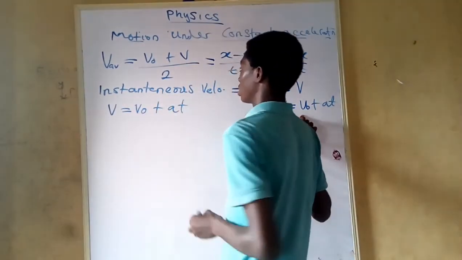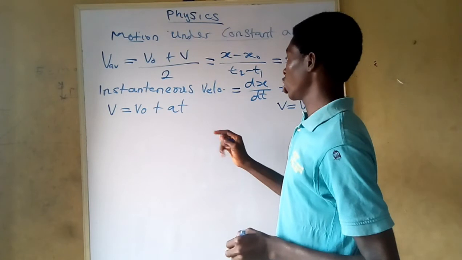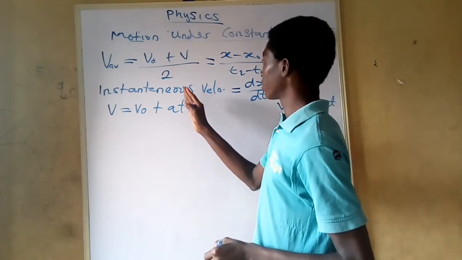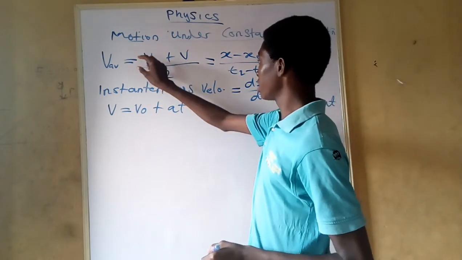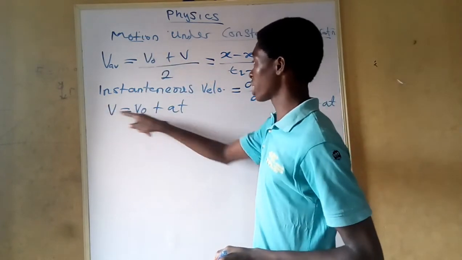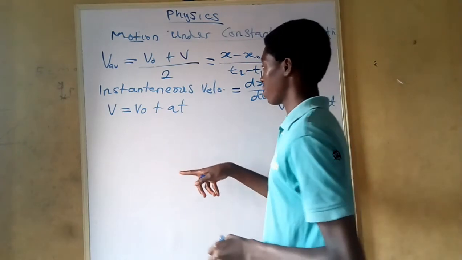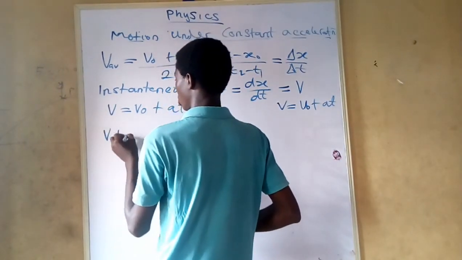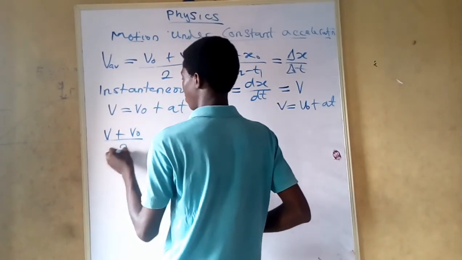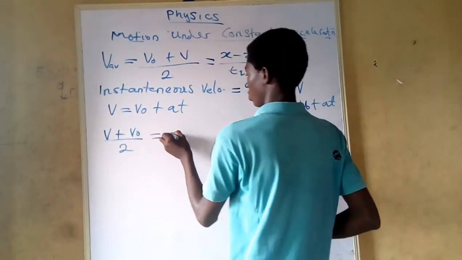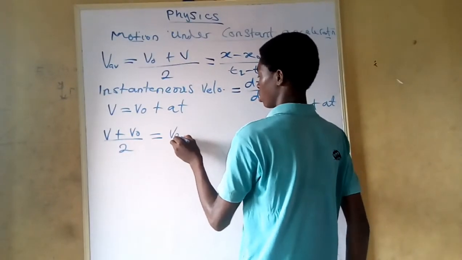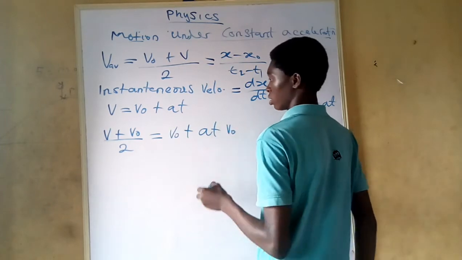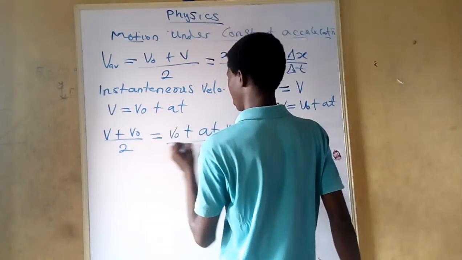Now if you take this very equation, v equals v naught plus at, and we add v naught to both sides and divide by 2, what do we have? Let's do that. We add v naught on this side, v plus v naught divided by 2, and then v naught plus at plus another v naught, and we divide this by 2.